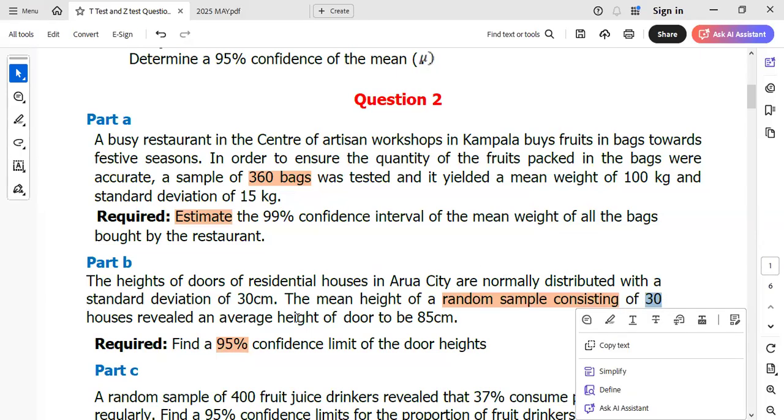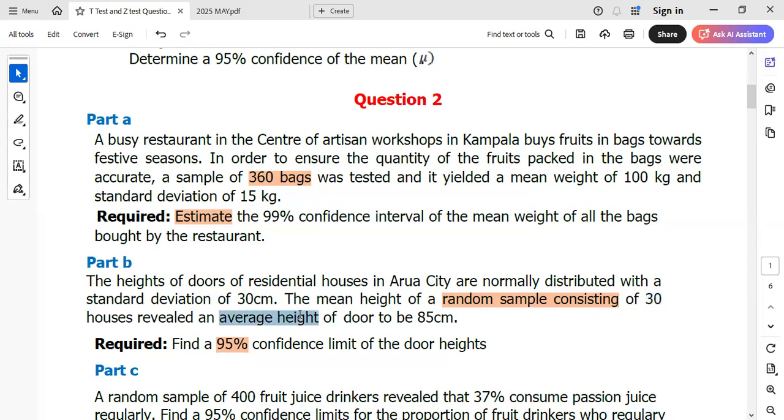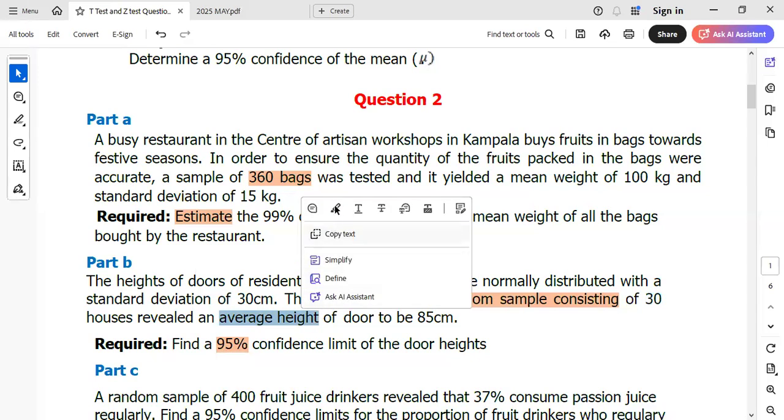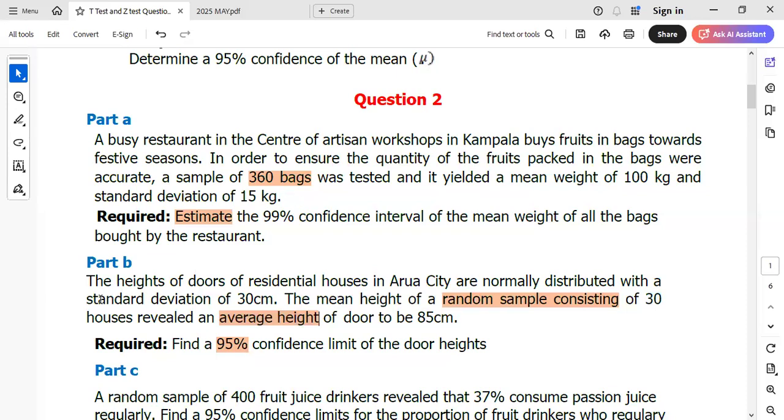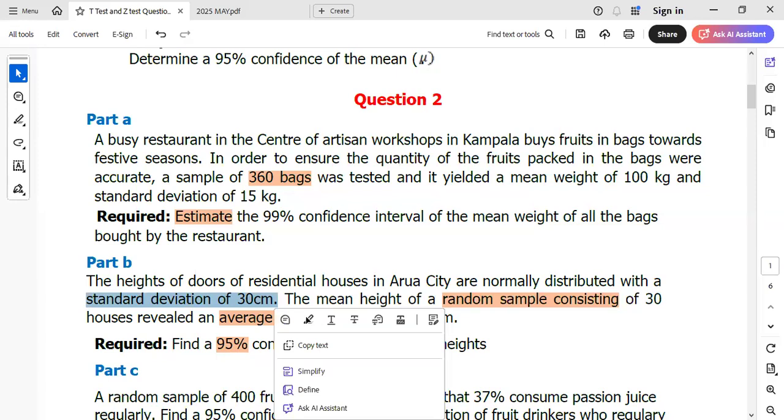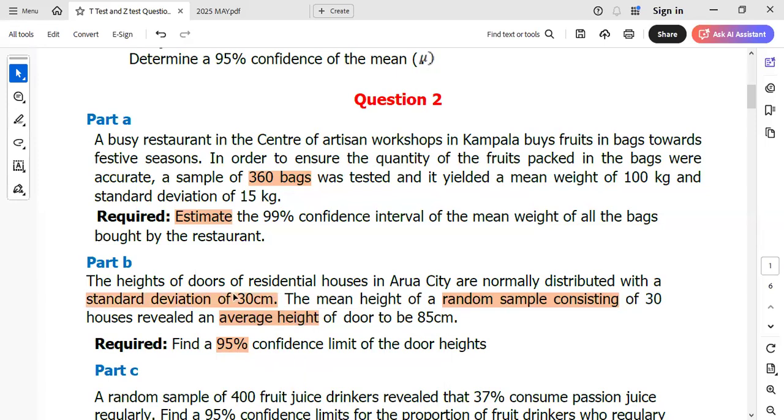You have the sample mean and the sample standard deviation, so you can answer this in your free time using the z-test, because the sample is 30.